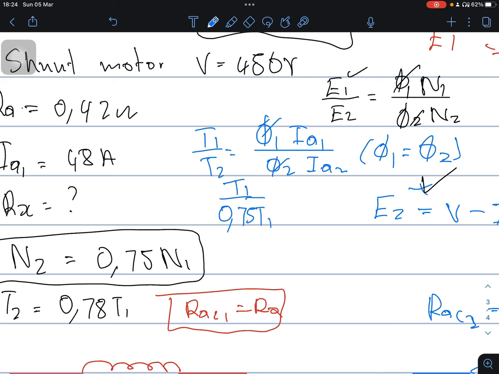I have expressed T2 in terms of T1, over 48 over IA2. T1 cancels. To find IA2, we cross multiply. You find that it's 48 times 0.75, which is 36 amps.